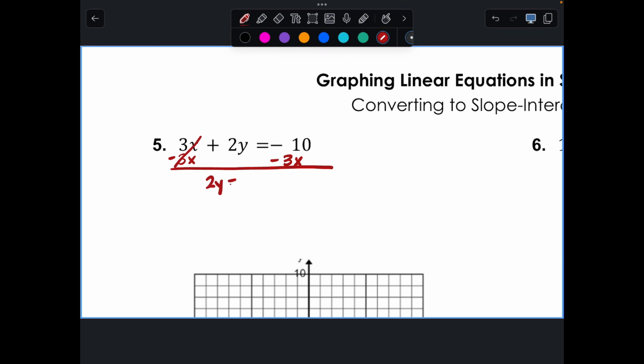Now this is 2y equals, these are not like terms, don't combine them, negative 3x minus 10. And then to get y by itself, divide by 2. Now you're going to divide each term by 2. So this becomes y equals negative 3 over 2x minus 5.